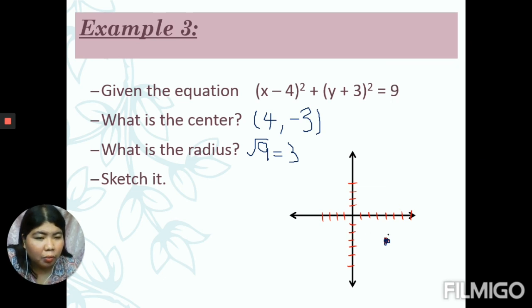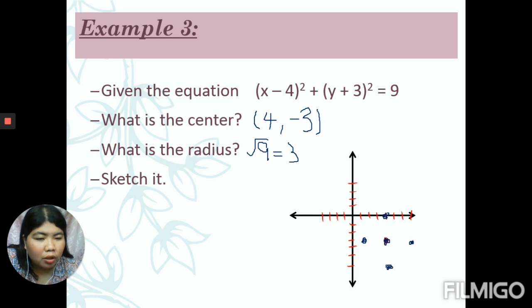Ayan, ulit. 1, 2, 3. Then, 3 ulit dito. 1, 2, 3. Siyempre, kung meron naman kayong compass, mas madali yun.